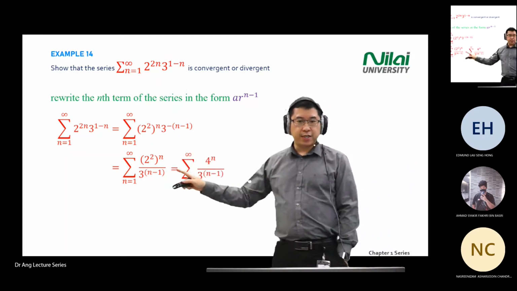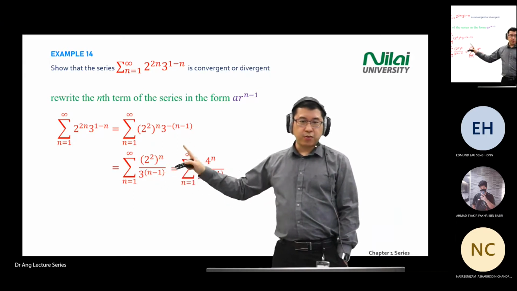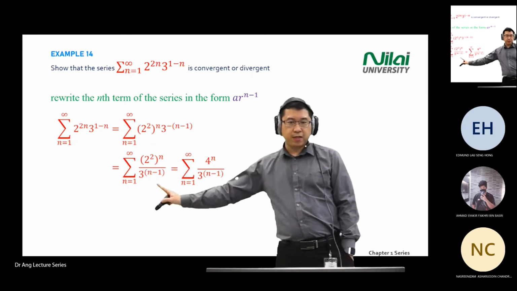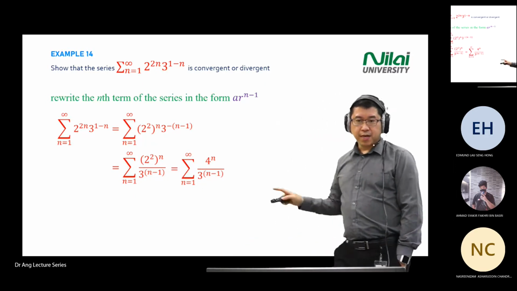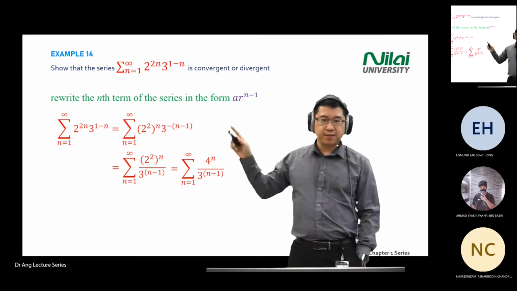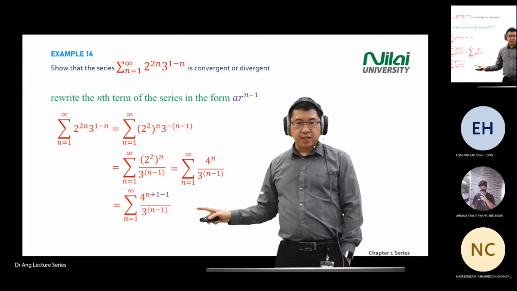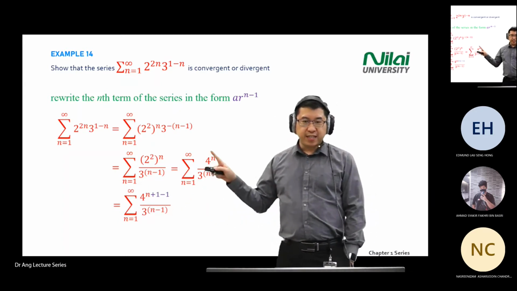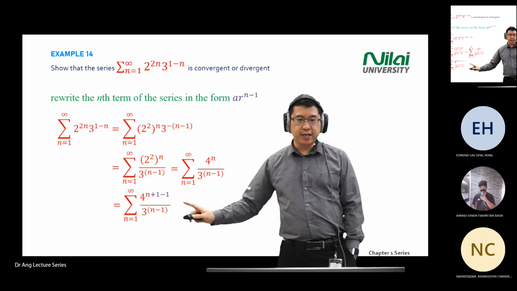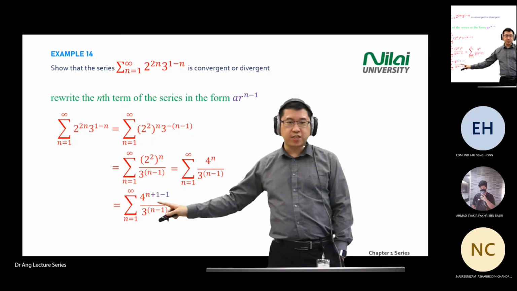Next, you do the calculation. 2 power 2, you get 4. Then continue to carry the n. This one you continue to copy. Are you able to see the pattern of this one and this one? Okay, continue to give you the answer. There is a way to modify this kind of question. 4 power n, again we do magic here. Magic means we add something in the air where you do not actually change the numbers.